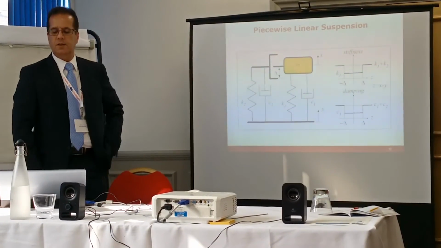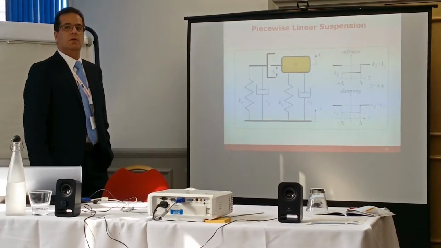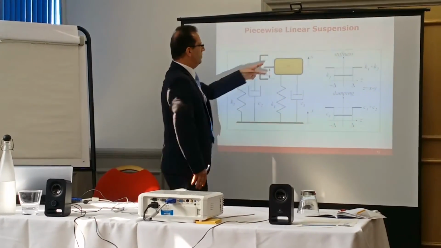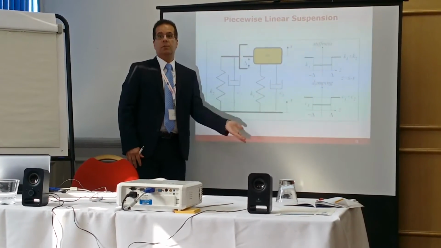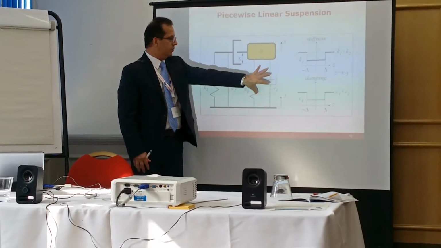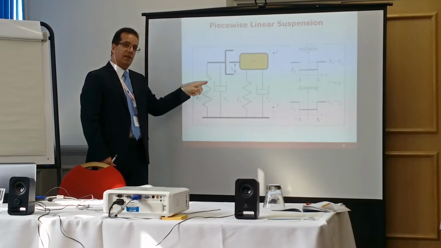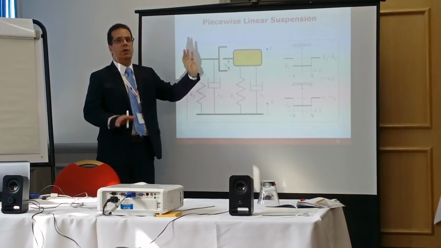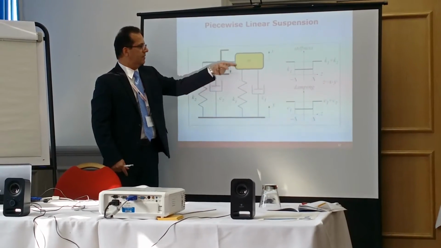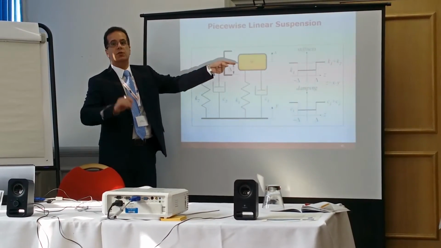Let's go here. This is the piecewise linear vibration isolator. This is the mass, for example, the body, and here is the excitation from the road. And this is the main suspension. There is another suspension, secondary. This is primary, and there is a secondary. The secondary is not going to act at all as long as the amplitude is very small.